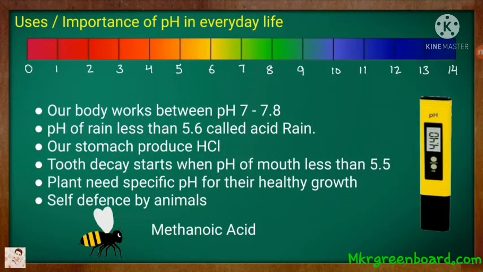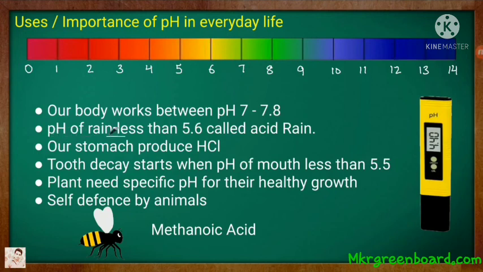Uses and importance of pH in everyday life. Our body works between pH 7 to 7.8. It is very important. Our body also shows the pH level as an indicator. A healthy body's pH level is 7 to 7.8.